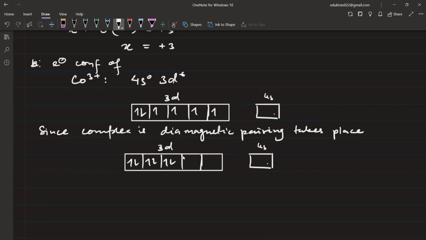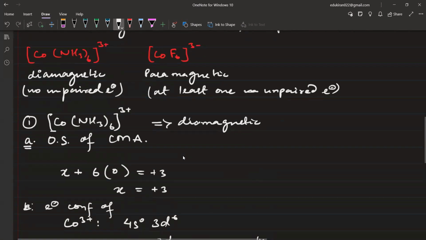Now, in valence bond theory, one most important point is that the d subshell will have empty orbitals equal to the number of coordination bonds it is making. So for example, in this case, the coordination number is equal to 6. So the central metal atom should have 6 vacant orbitals.